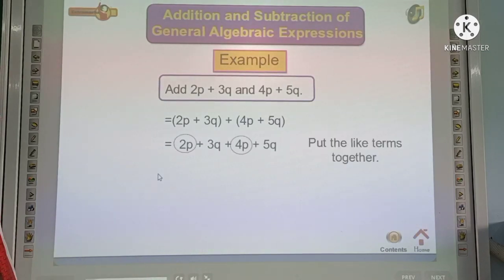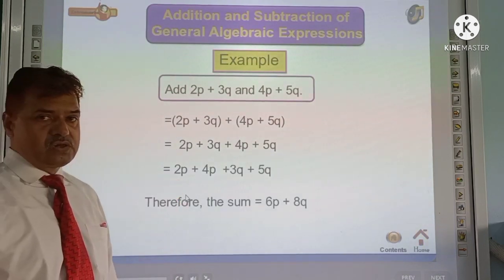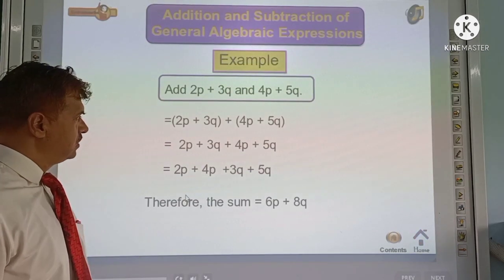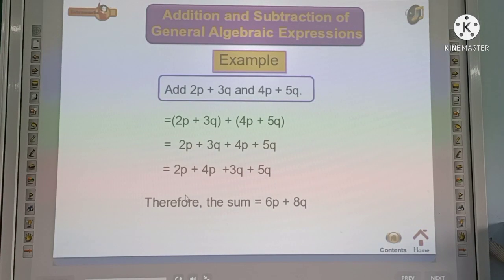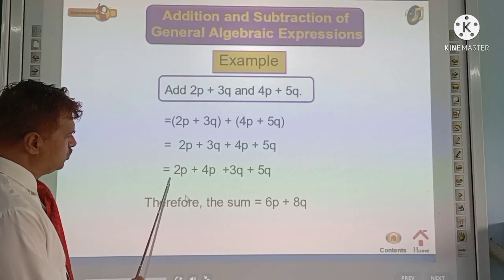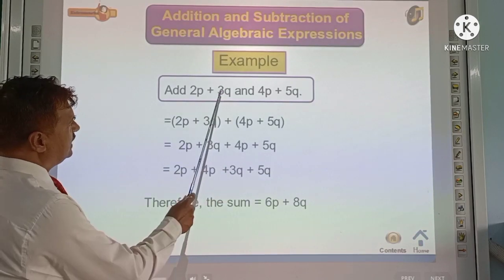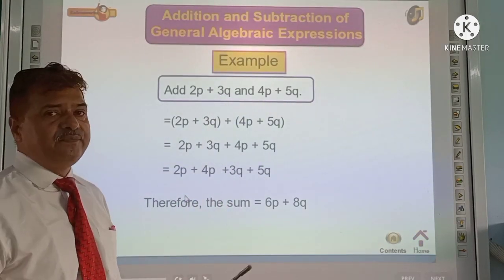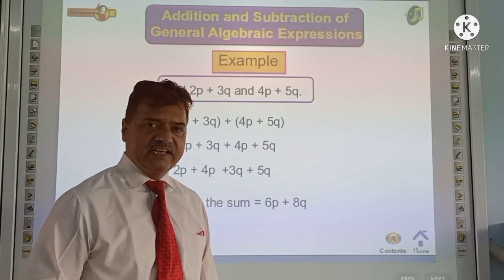Now we can easily add the given expression. It is the sum of 2p and 4p together with the sum of 3q and 5q. Therefore, the required sum is 6p and 8q. Like this, like terms will be added to each other.